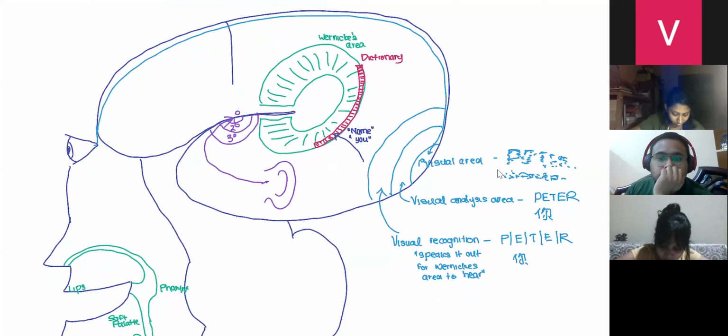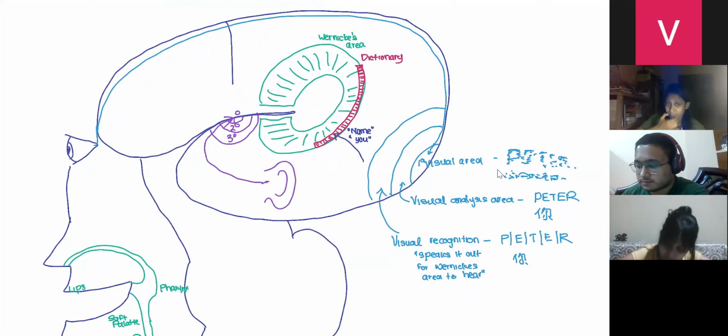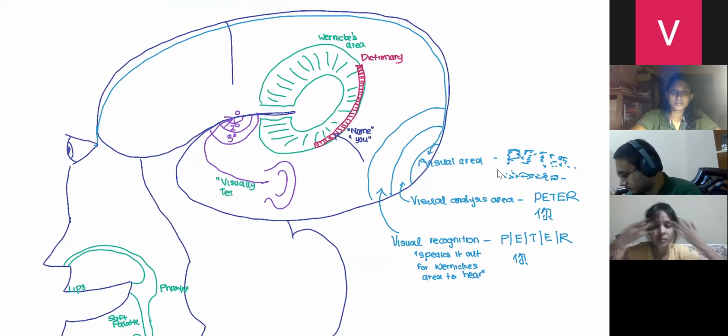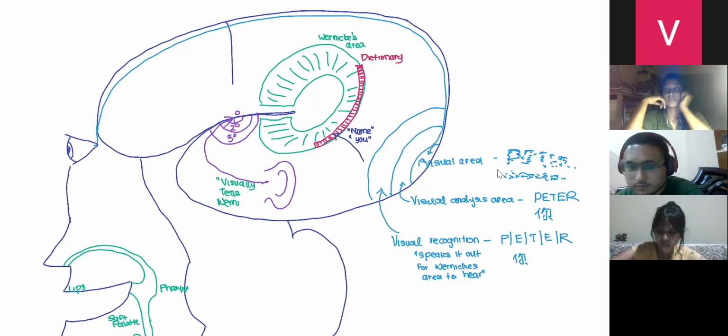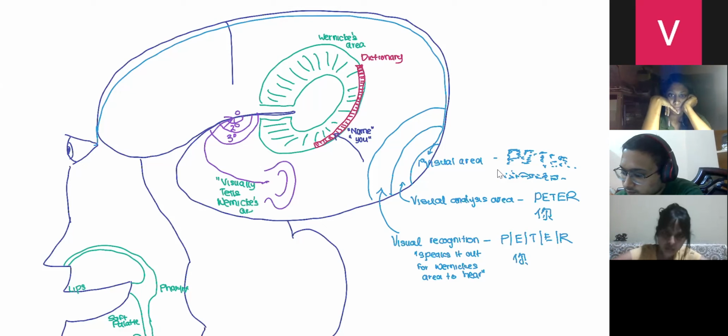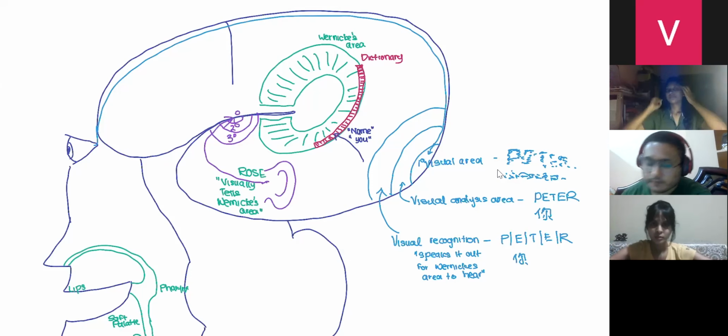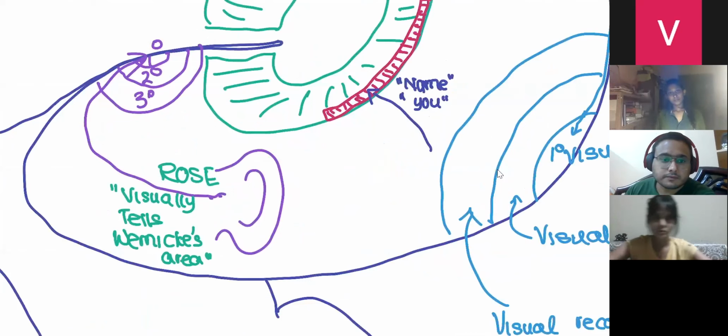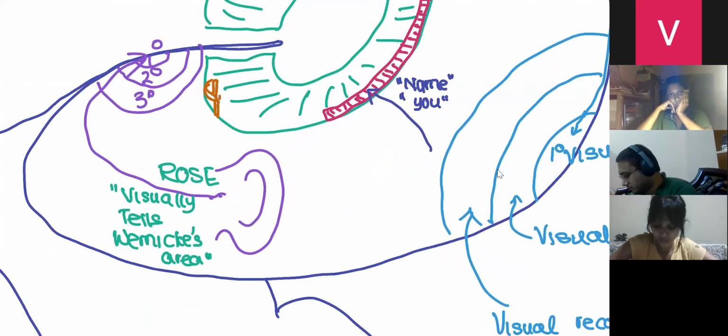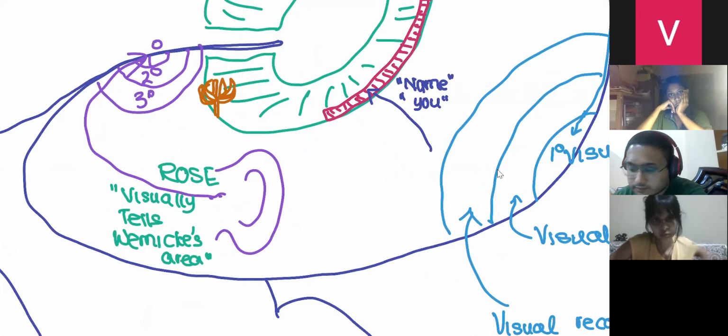And that will visually tell. So let's say you hear the word rose. It is going to show a picture of the rose to this area. Okay, it is going to visually tell it to the Wernicke's area.